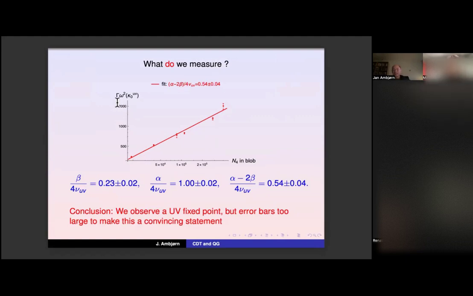So what do we see? Well, here is gamma times omega squared plotted. This is N4 on the horizontal axis, and this is this value here. And this is a double logarithmic plot. I should say, all data in double logarithmic plots can be fitted by straight lines, so this is what we have done here.